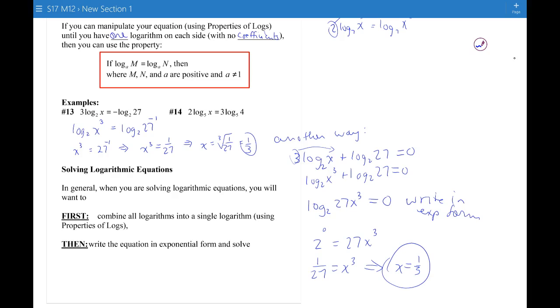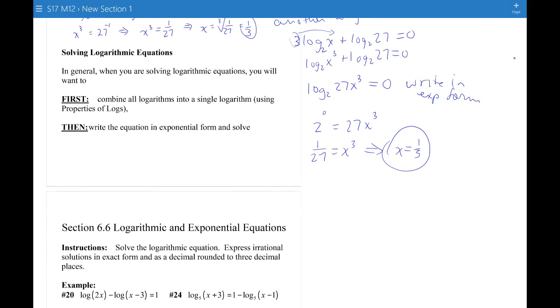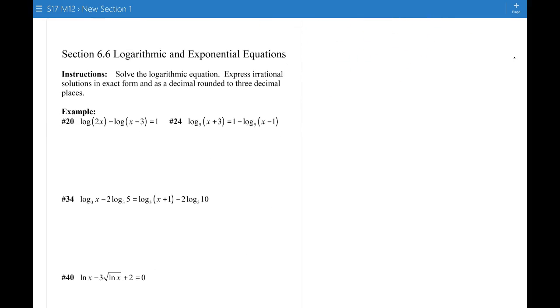Number 14 we'll do in class together. In solving logarithmic equations, you'll want to combine all the logarithms into a single logarithm using properties of logs, and then write the equation in exponential form and solve. So two steps: combine all the logs into one log, write in exponential form, and then usually you'll see how to solve it after that.